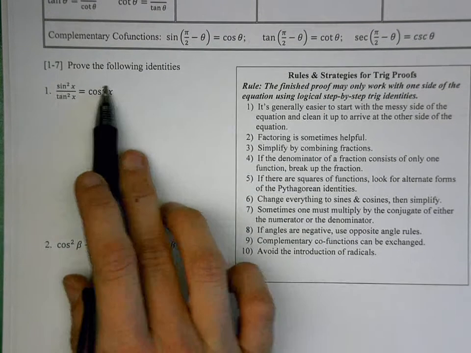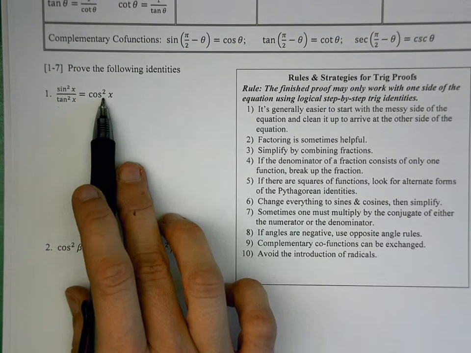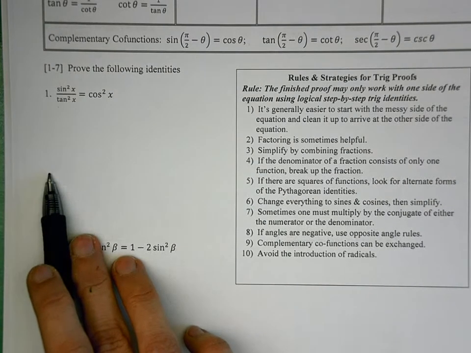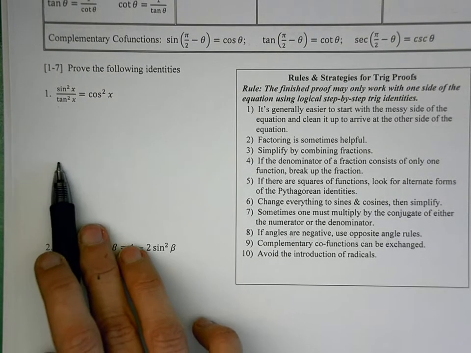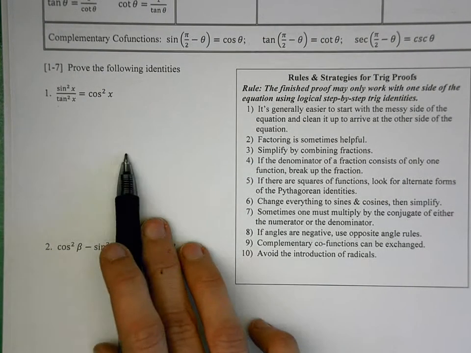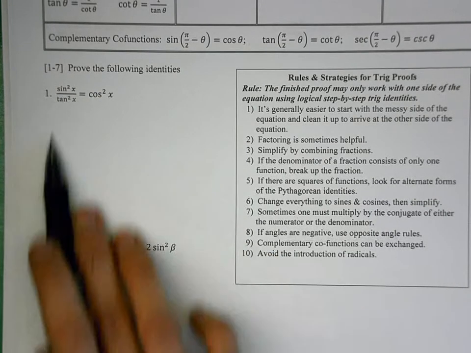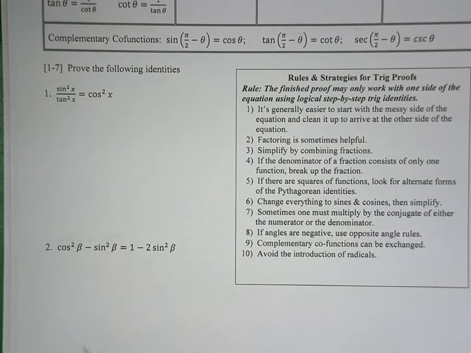You'd try manipulating that other side and see if you could get it to match where you got stuck. Because if you can get it to match where you got stuck, then you can reverse those steps to finish out the side you were working on, right? You kind of meet in the middle almost, and then use that to help you finish out your original proof.